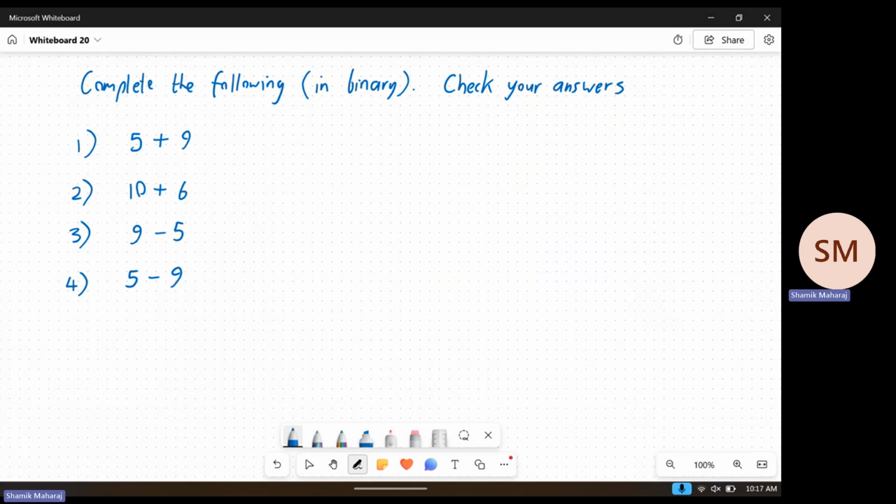So convert from 5, convert to the same system.